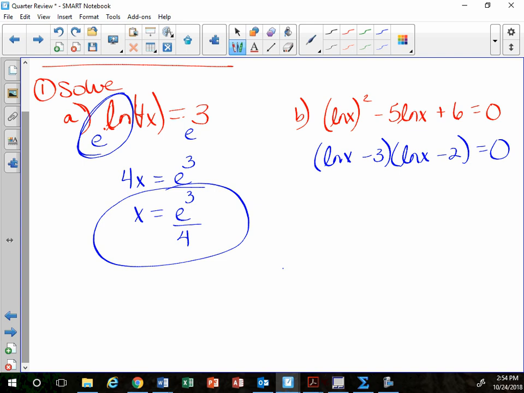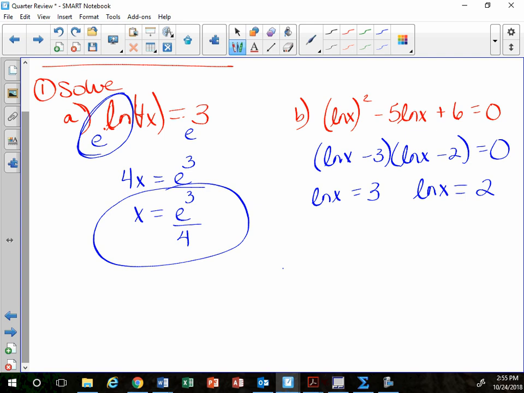So guys, we're not done at that point. We factor. Now each factor equals 0, which means natural log of x equals 3, and natural log of x equals 2. Now I need to do the exponentiating.